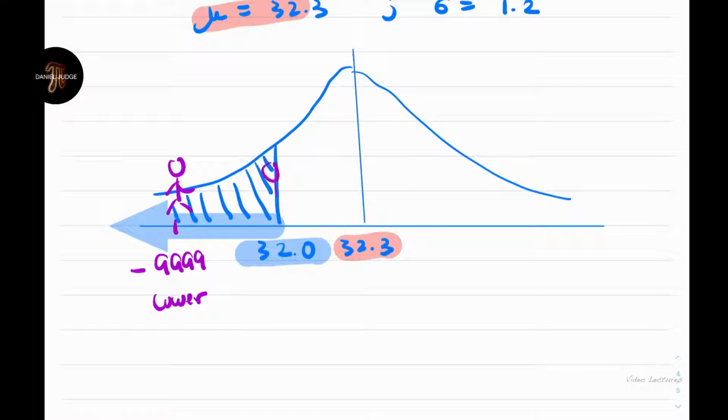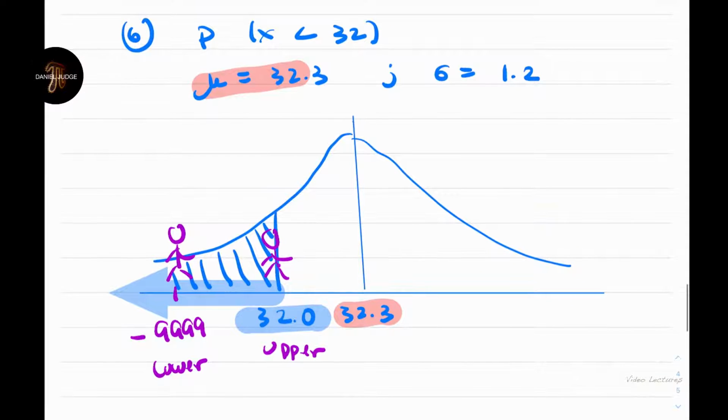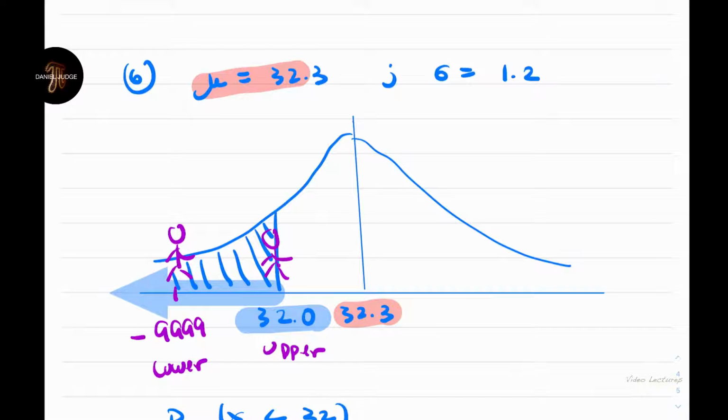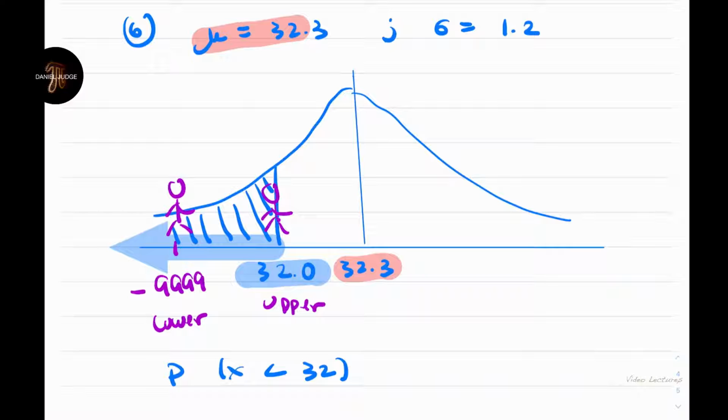And then over here is our upper value. So this is what we need to use in the TI calculator for number 6. And remember, this here really is the question they're asking. So there you go. Let's try this out in the TI.